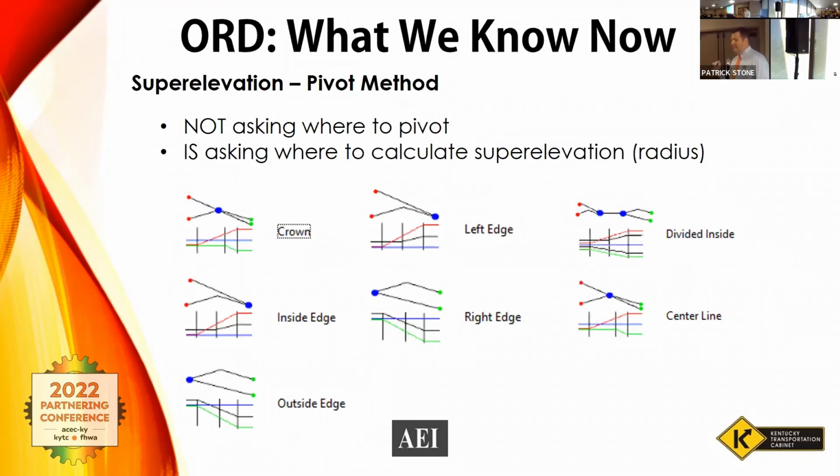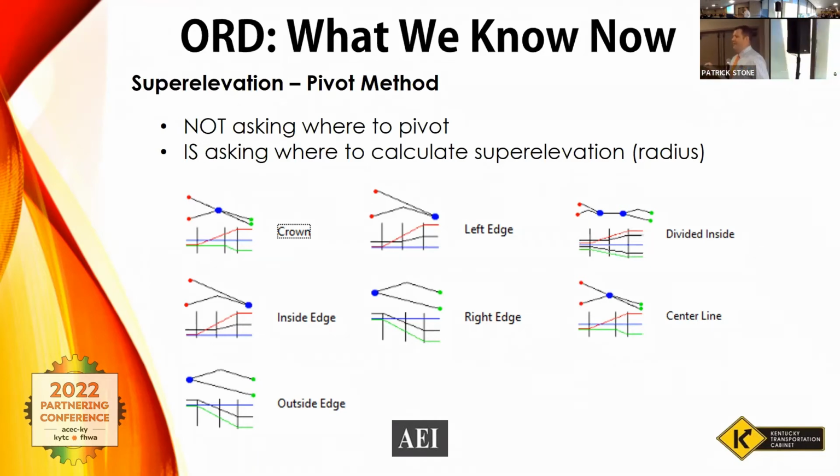The biggest thing that tripped me up was this pivot method, because I was thinking that OpenRoads is saying, "Hey, where are you pivoting about?" But that's not necessarily what they're asking, because you'll tell OpenRoads where it's pivoting when you actually assign the super elevation to the corridor.